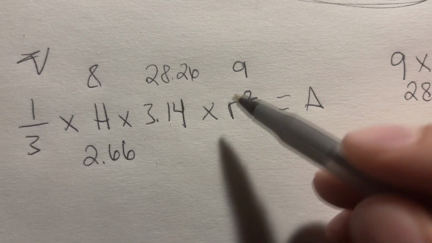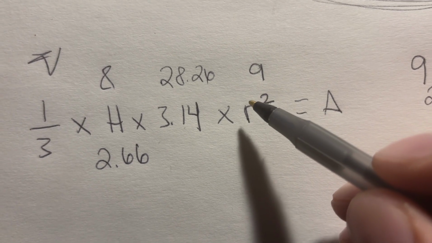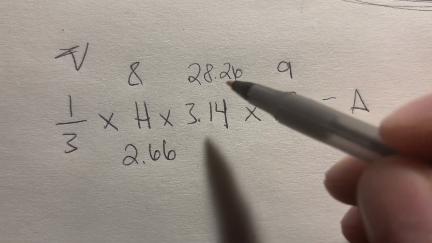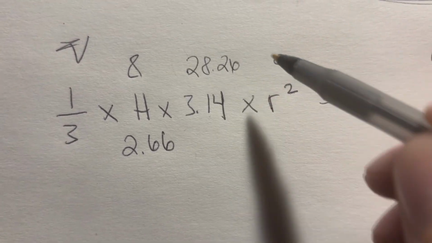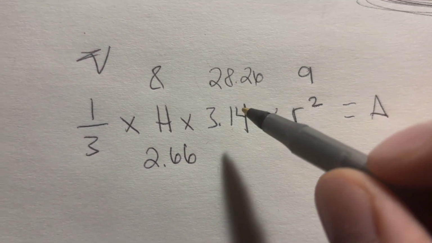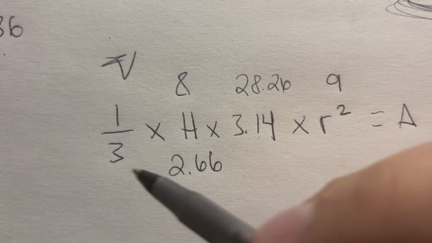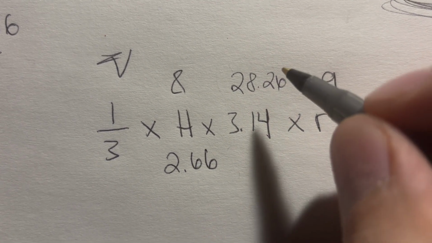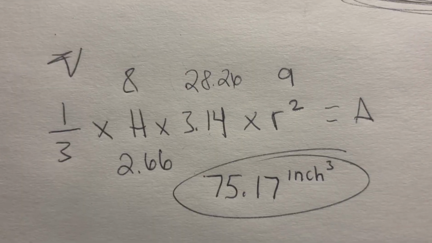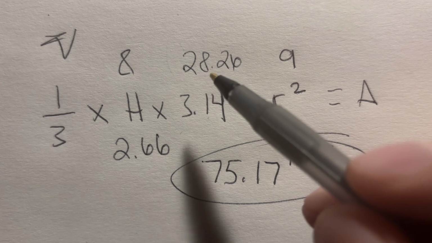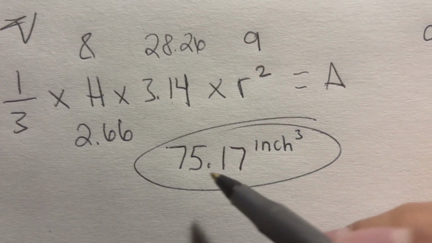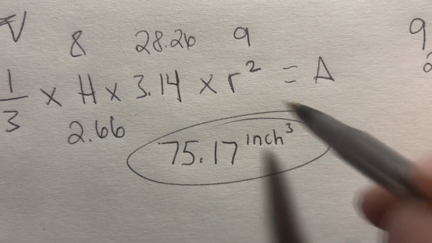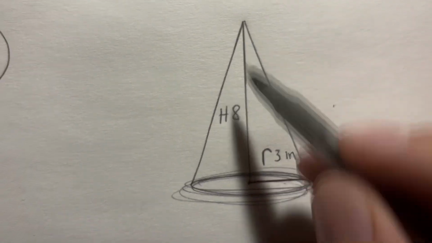So since we got the area in 2 dimensions on the base, represented by this number, we can now do 8 divided by 3, which is 2.66. So it's 2.66 height times 28.26. And so 2.66 times 28.26 ends up being 75.17 inches cubed. So that is the volume of this here cone.